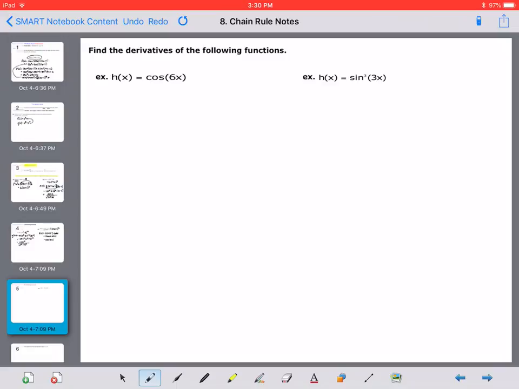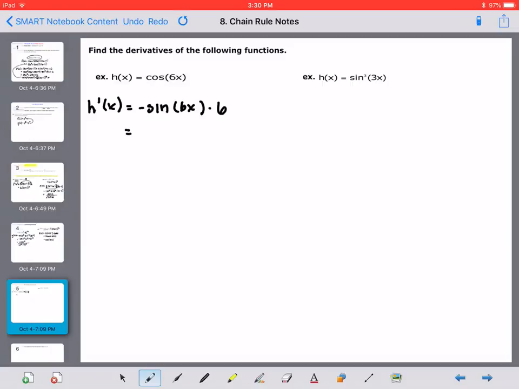So h of x, kind of the same thing. It already has parentheses in it. So my outside piece is the cosine. So h prime, derivative of cosine gives us negative sine, with the inside the same, times the derivative of the inside, which happens to be 6.